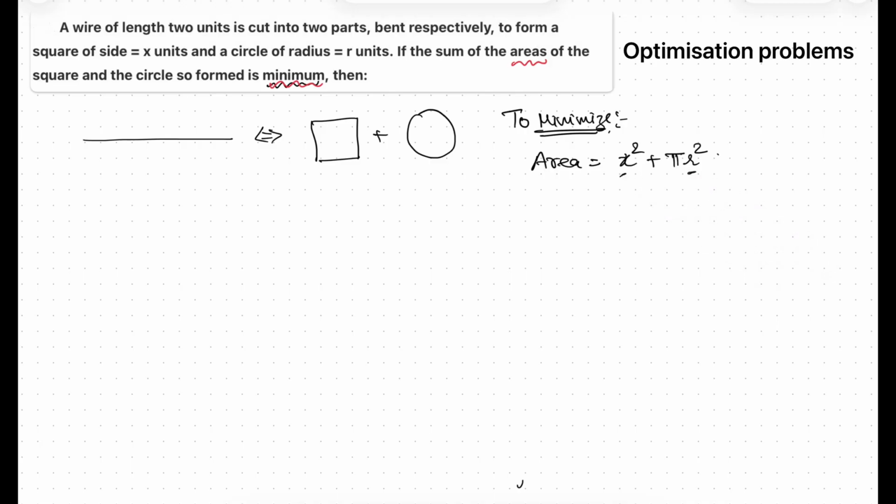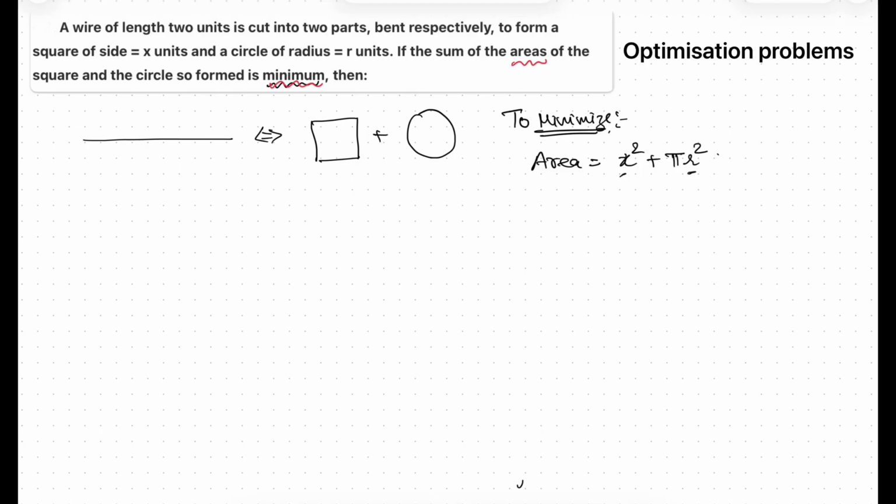Now the problem is to convert this two-variable function into a single-variable function. How will I do it? Let me read the question once again from the beginning. It says the wire is cut into two parts to form a circle and a square. So we are going to use the hint.